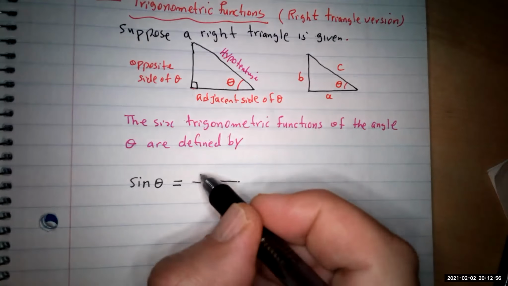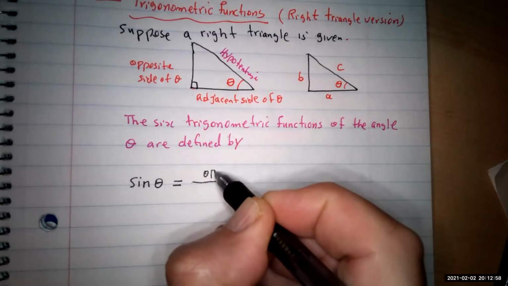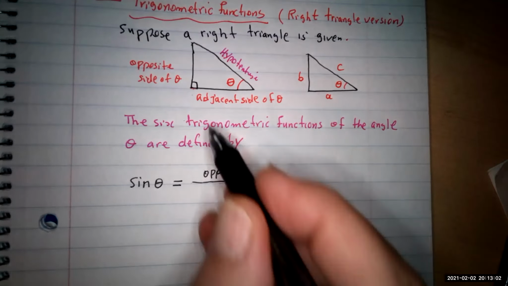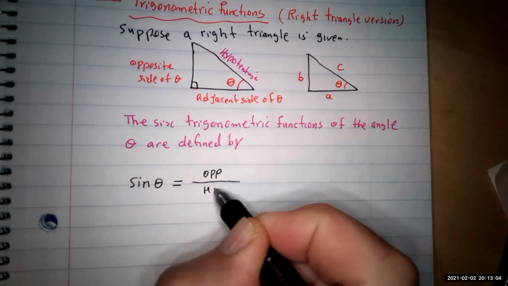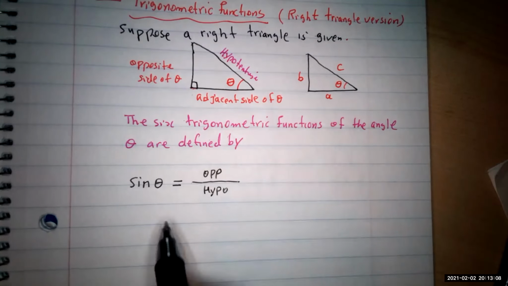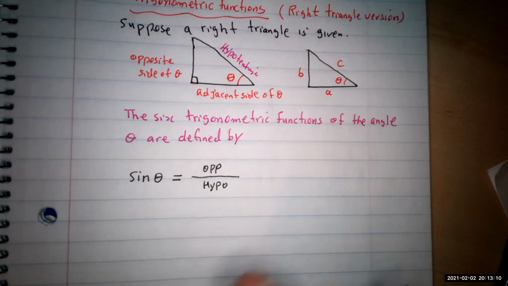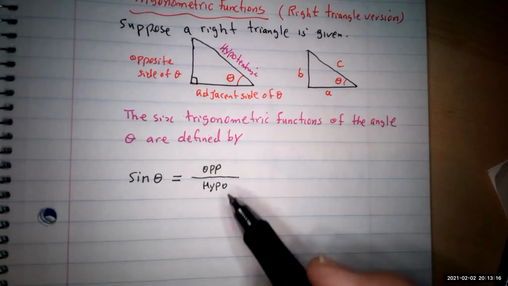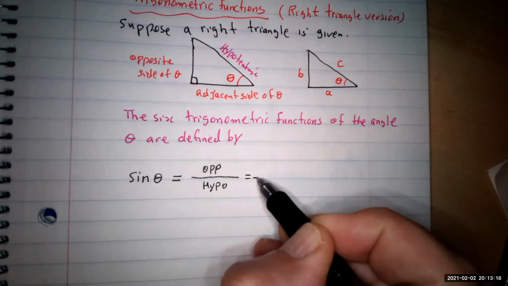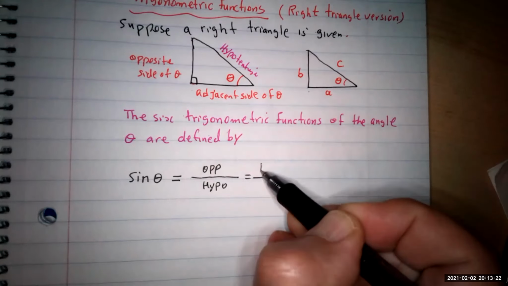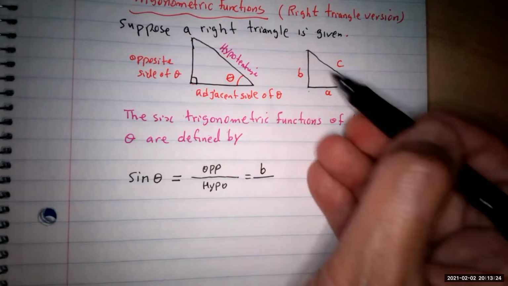Opposite in short, divided by hypotenuse. So this is going to be equal to, in this case, the opposite is B and the hypotenuse is C.